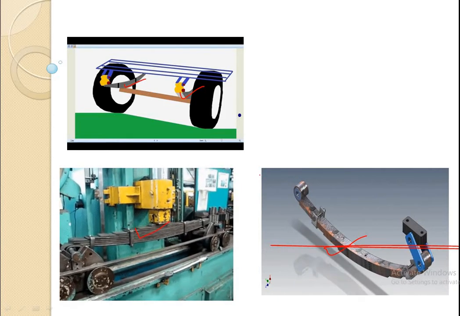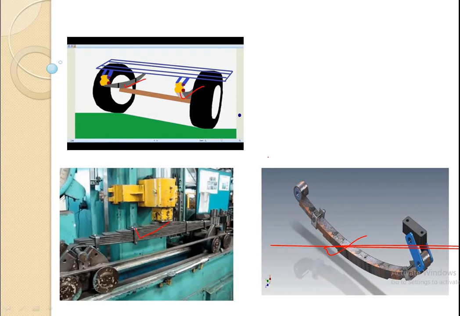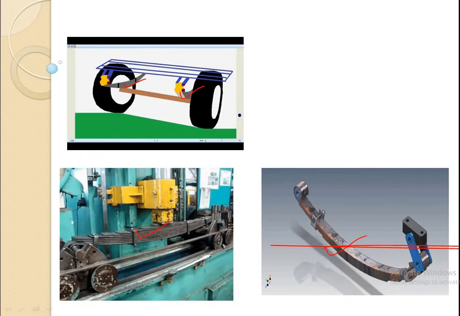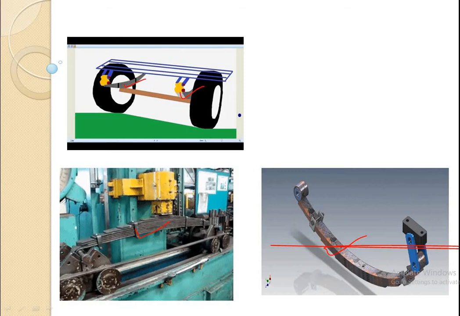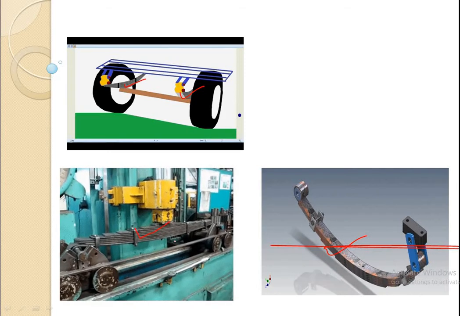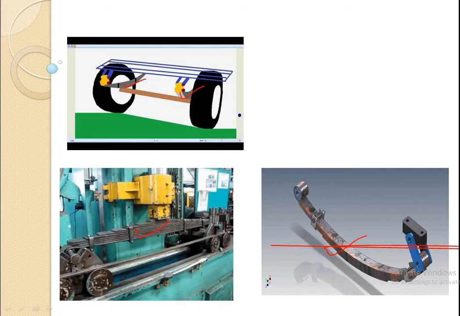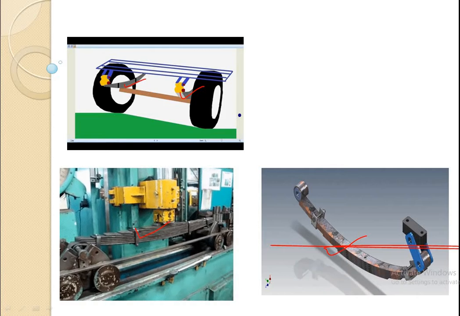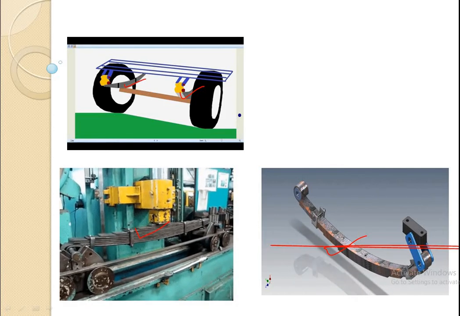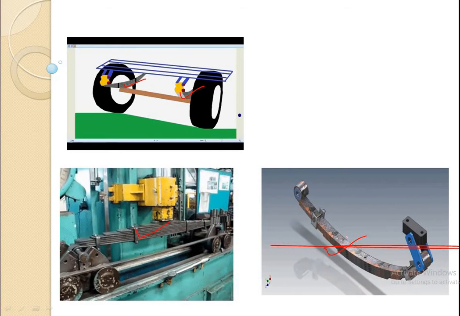It flattens and again comes to its original position. This is the master leaf, the longest leaf, and it is made up of different leaves, and a rebound clip is attached to it so that it can form a bundle. This is how the spring actually functions in certain applications, and how these leaf springs perform their task in the suspension.